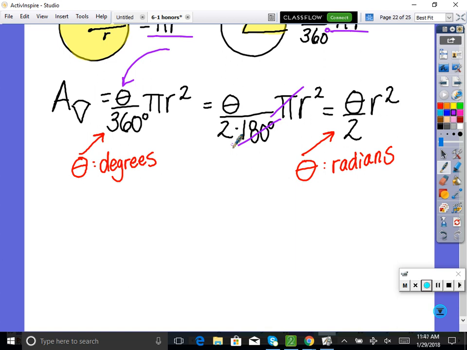They're equivalent. So now you could type this one in radians. You could calculate it that way. I don't like to memorize both. So I just know this one, and anytime I'm asked to find the area of a sector, I convert it to degrees and then do it. But that's just me. Or you could just derive that formula and think about it.